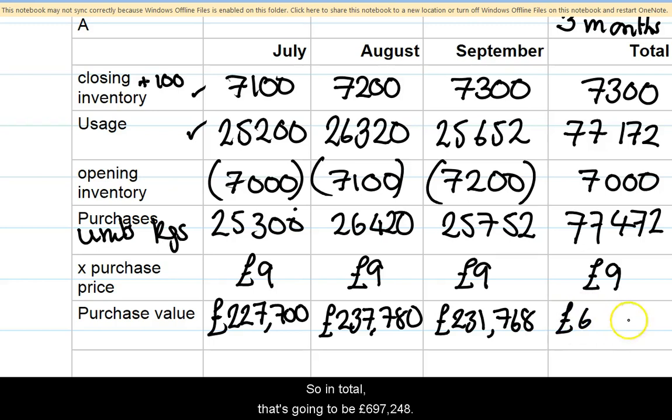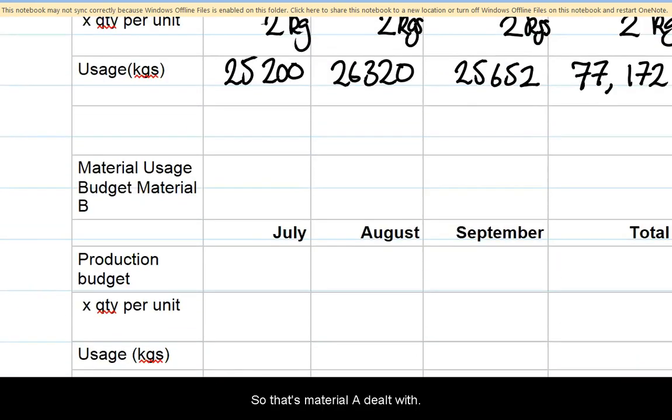So in total that's going to be 697,248 pounds. So that's material A dealt with.